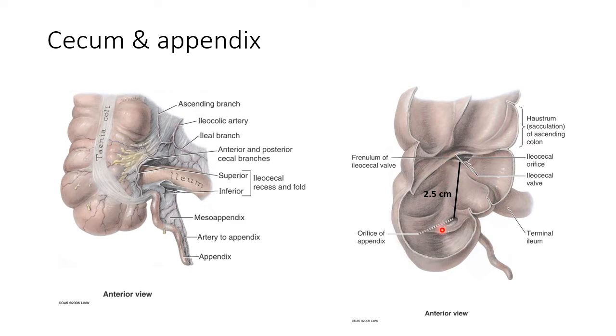One thing also to note about the cecum is that the appendix is attached to it, and that's the orifice of the appendix, and the orifice of the appendix is about 2.5 centimeters inferior to the ileal orifice. So it's below it on the posteromedial side.